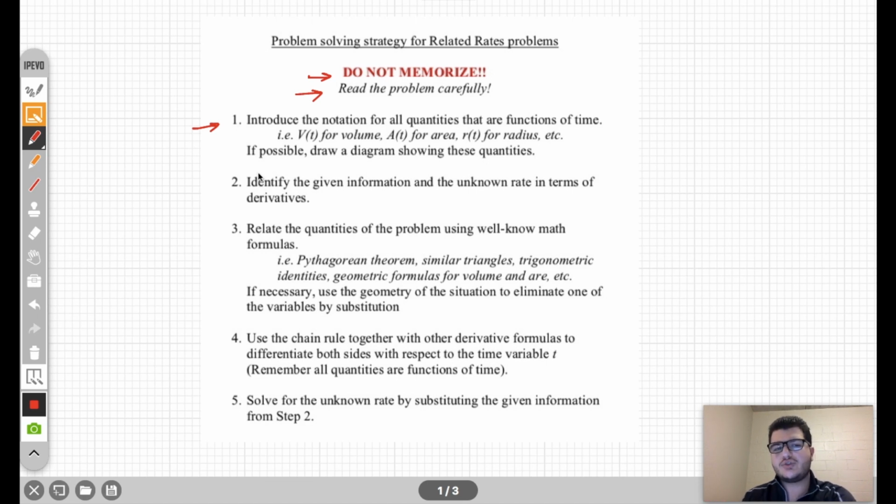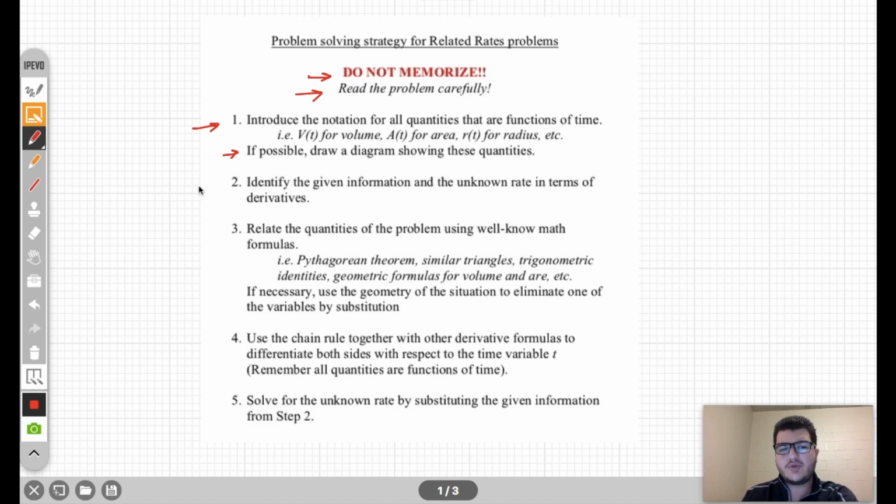So we want to introduce and we want to acknowledge the things in these problems that are changing with respect to time. And if possible, you always want to draw out a diagram to show these quantities. A diagram really helps you understand what is going on in the problem. And you'll see as we do some of these examples in class and on here.